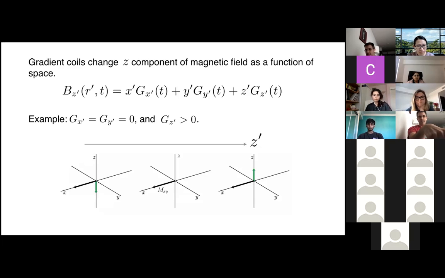As you go higher in Z, since GZ prime is positive, it is going to move, and this vector is going to rotate in a left-handed sense around the Z vector pointed up. So it looks like this. You see what happened? The magnetic vectors rotate because of the gradient field.